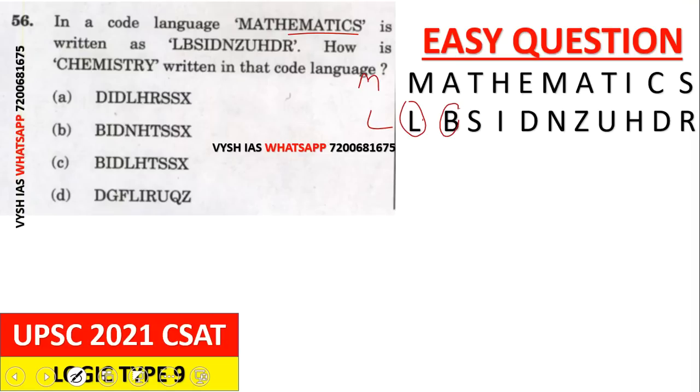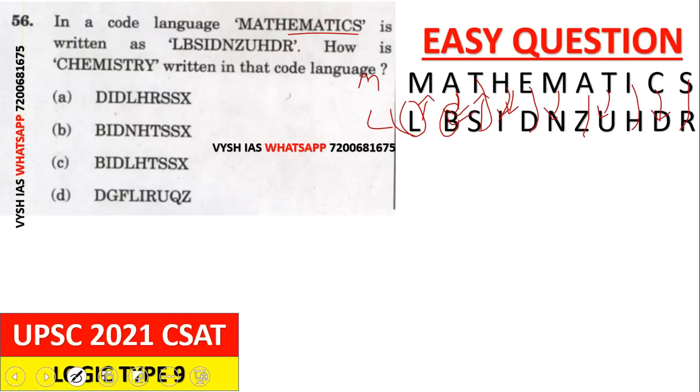After L it is M, after S it is T, after D it is E, after Z it is A, after H it is I, after R it is S. And here reverse: after C it is D, after T it is U, after M it is N. So alternately they have put it like that.